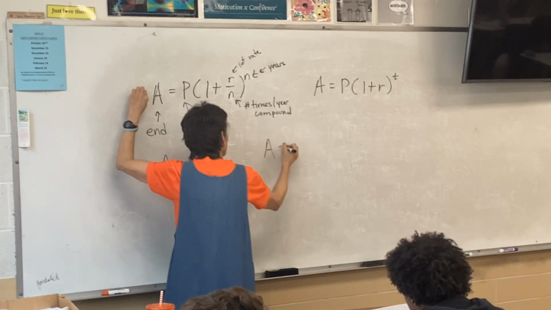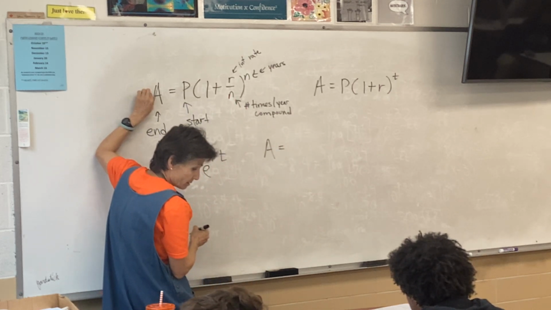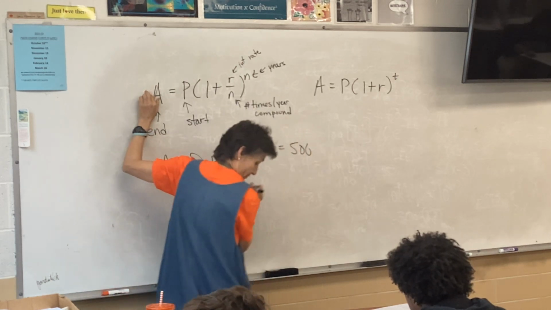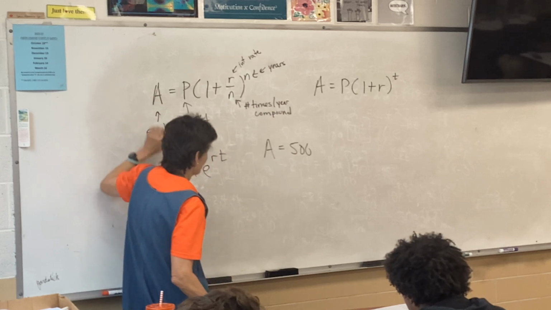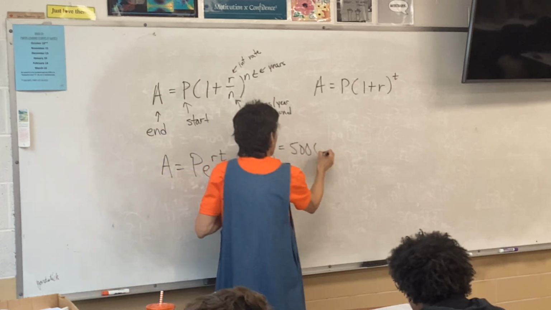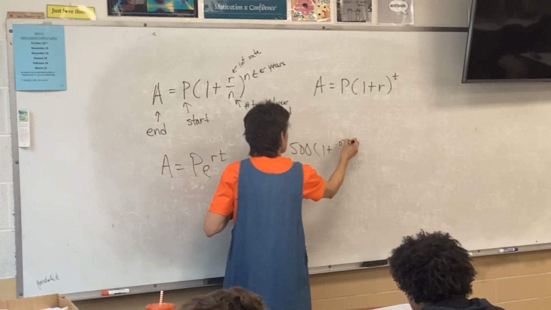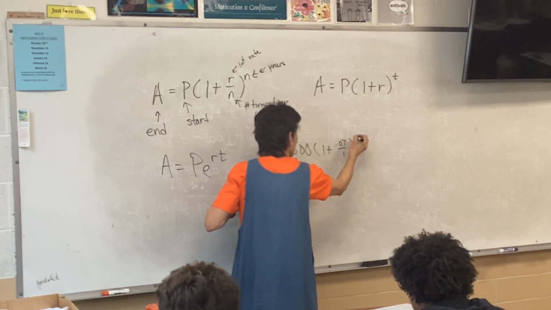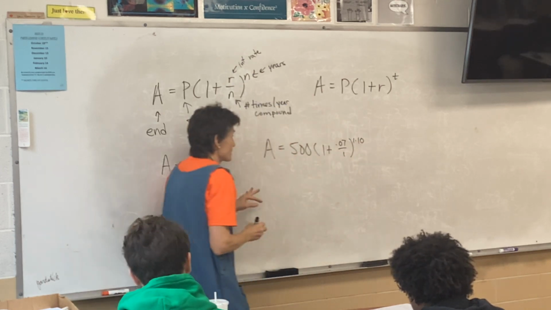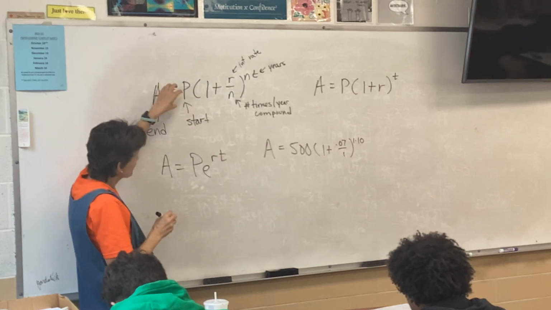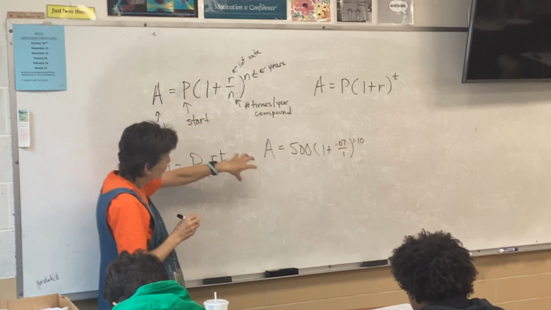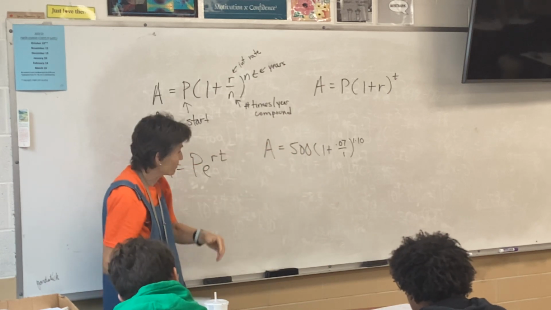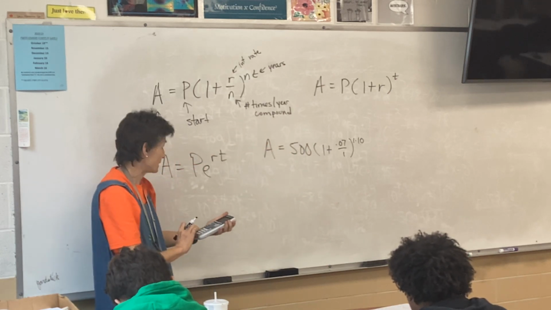So I want to know how much I'm going to end up with if I put in $500 at 7% interest, compounded annually for 10 years. So I am using this formula. Do all my numbers make sense to you there? So it's just a matter of typing it in and getting your answer.